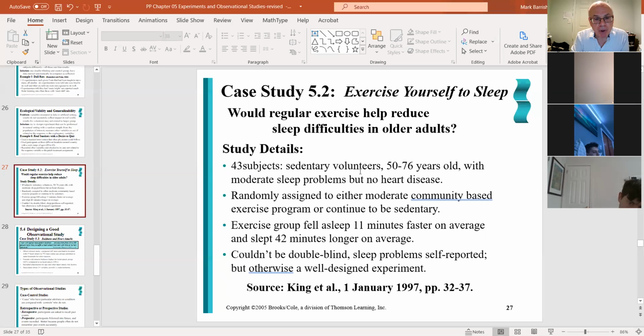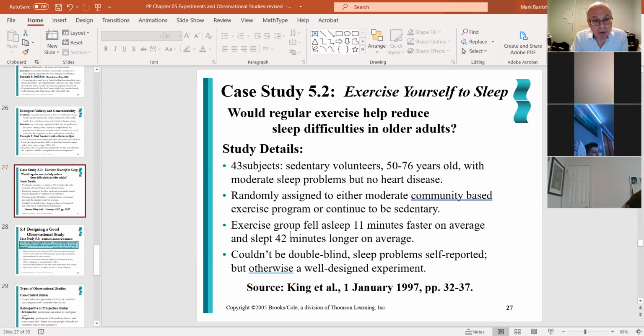They're volunteers, between 50 and 76 years old. They have moderate sleep problems with no heart disease. All right, so these are the subjects that were brought into the study. And you're randomly assigning them to either a moderate community-based exercise program, or the other treatment group, where they continue to sit around and watch TV all day or something like that.